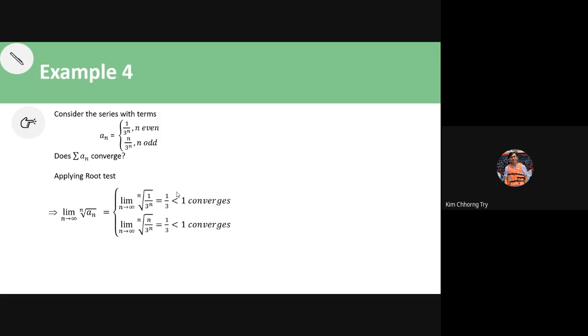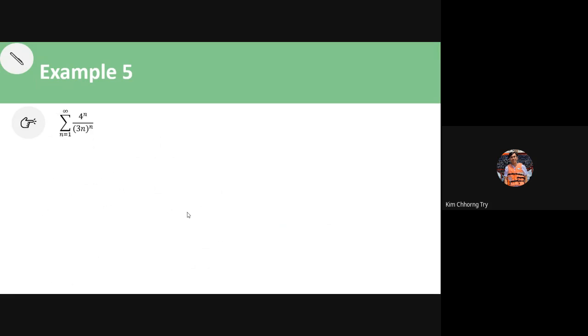For the a sub n with n odd, we substitute into the limit and calculate, and we also find 1 over 3. Both cases give 1 over 3, which is less than 1, so the series converges.